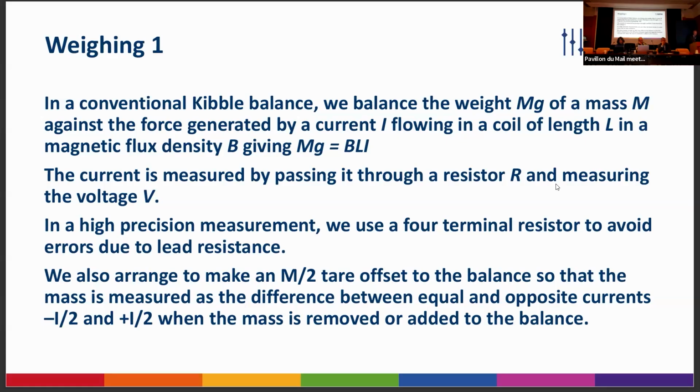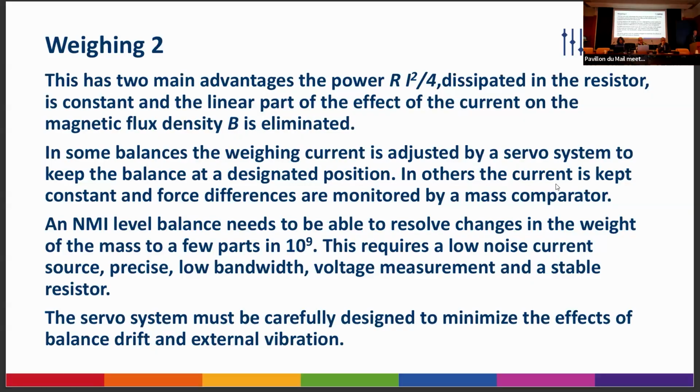One of the reasons is that for a resistor, that means that the power is constant in the resistor for both parts of the balance. And that means that if it's an ordinary resistor, it will have a power coefficient, and that power coefficient is constant between the two parts. It makes it easier to do the calculations.